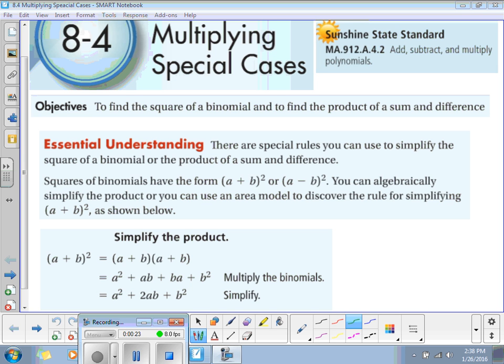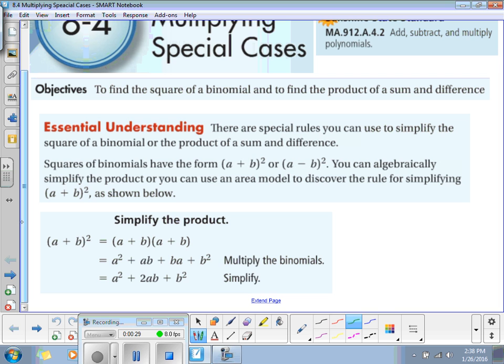If I take a look at a plus b quantity squared, we know that a plus b quantity squared is equal to a plus b times a plus b, right?